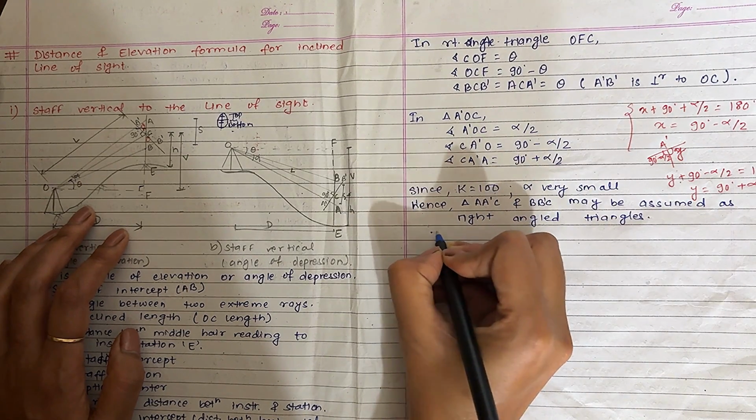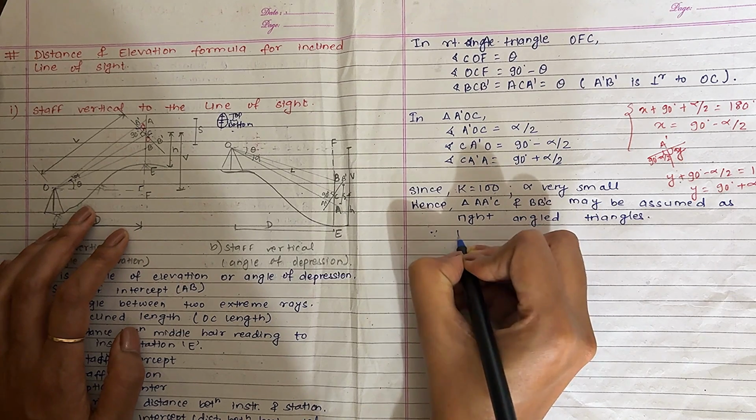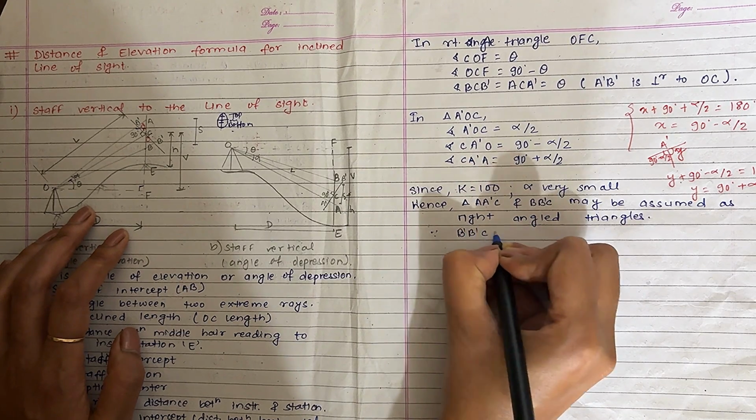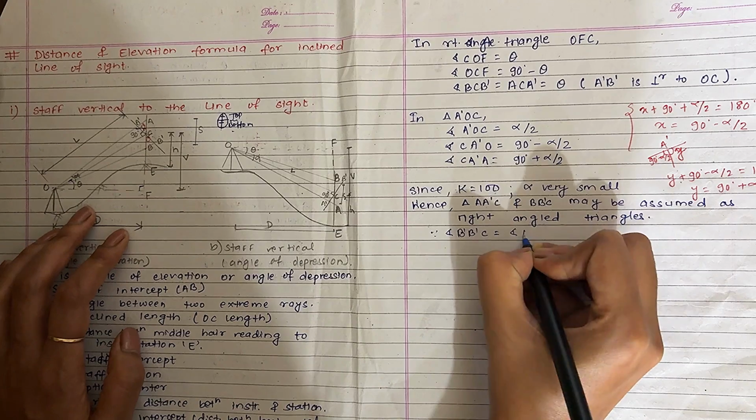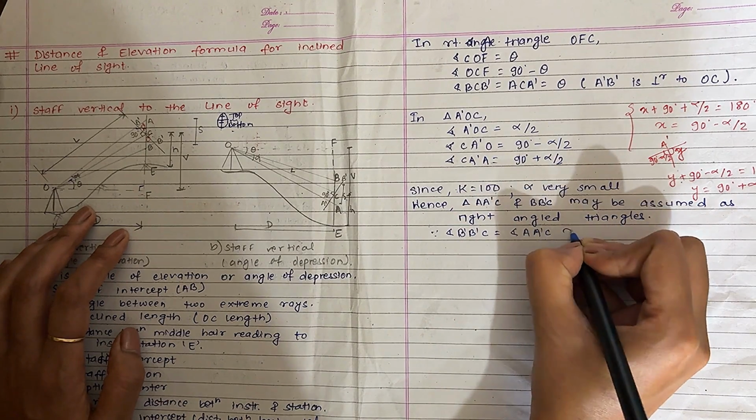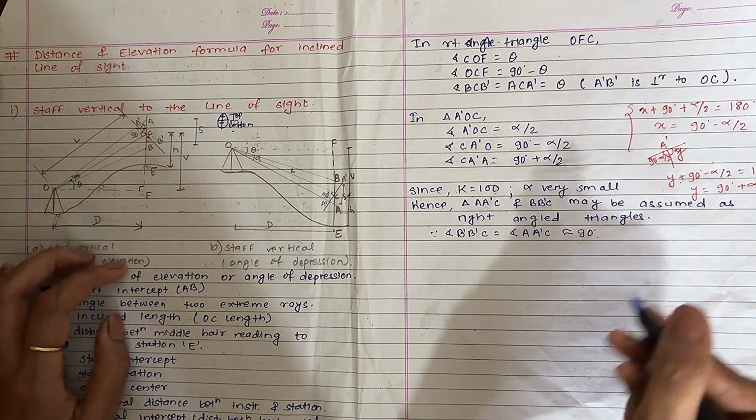So here angle B dash C is equal to angle A dash C, which is equal to 90 degree here.